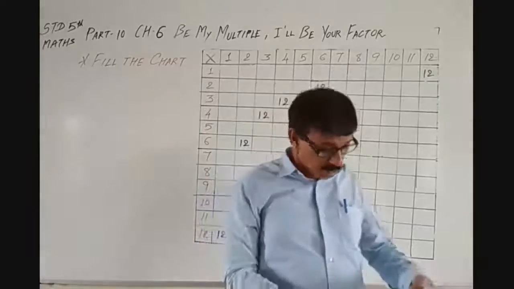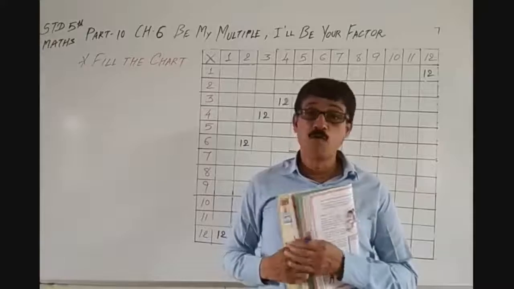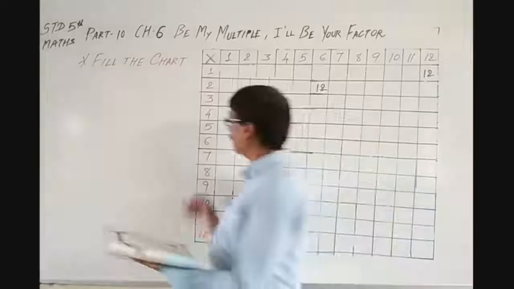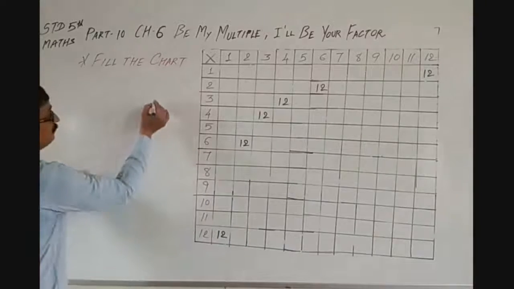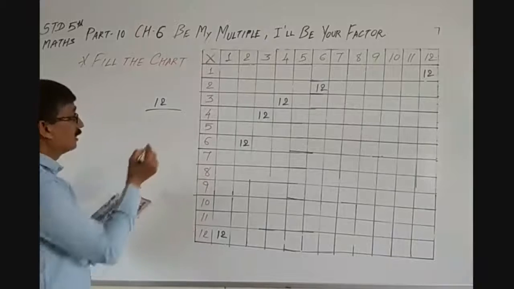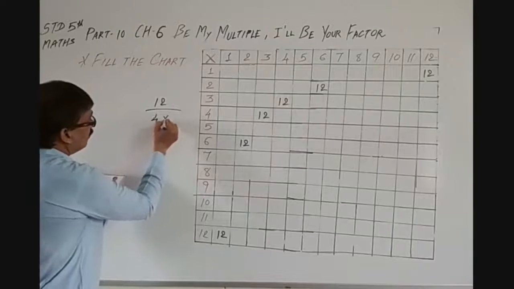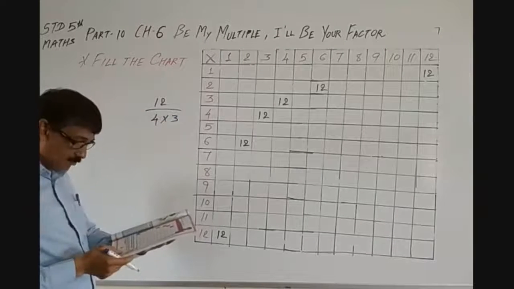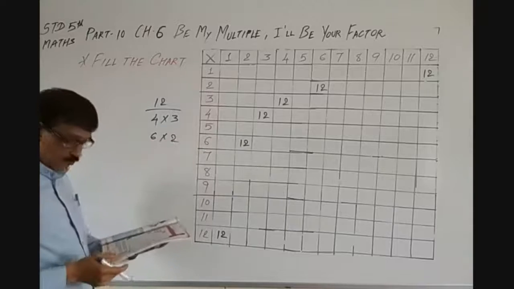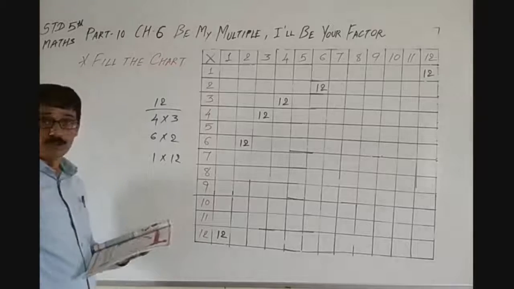Now, 12 is equal to 4 multiplied by 3, isn't it? Let me write this one. How could we get 12? Can you see this box over here? That is 4 multiplied by 3, that is 12. Then 6 multiplied by 2, that is also 12. And 1 multiplied by 12, that is also 12.